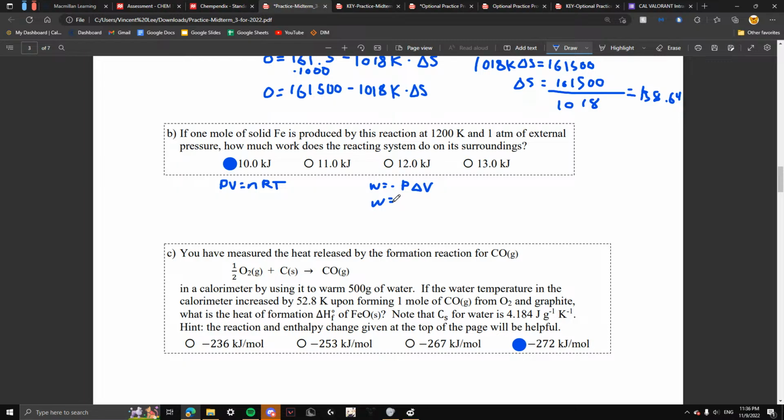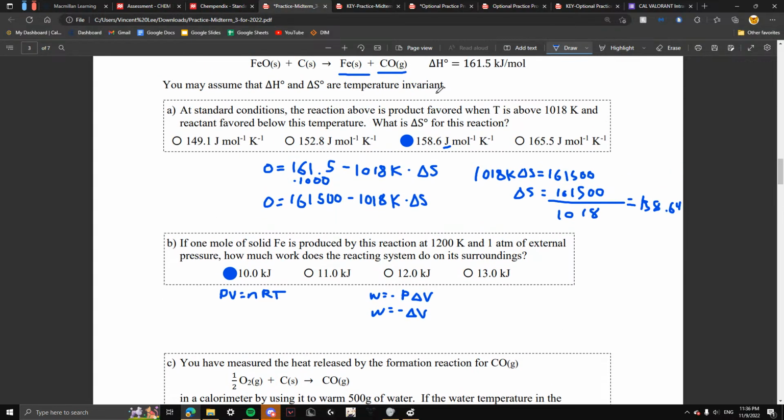So we can just say negative delta V. Then we do PV equals nRT, and we have 1 mole and 1 atmosphere of pressure on its own, because we're assuming volume changes. So V is equal to RT, and keep in mind this is R for PV equals nRT, so we use 0.08206, I think. Right? That is the right R, right?